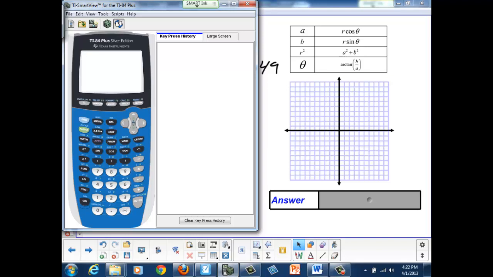Make sure you're in degrees. Of 7 over negative 5. So 7 divided by negative 5. And I get negative 54.462 degrees.